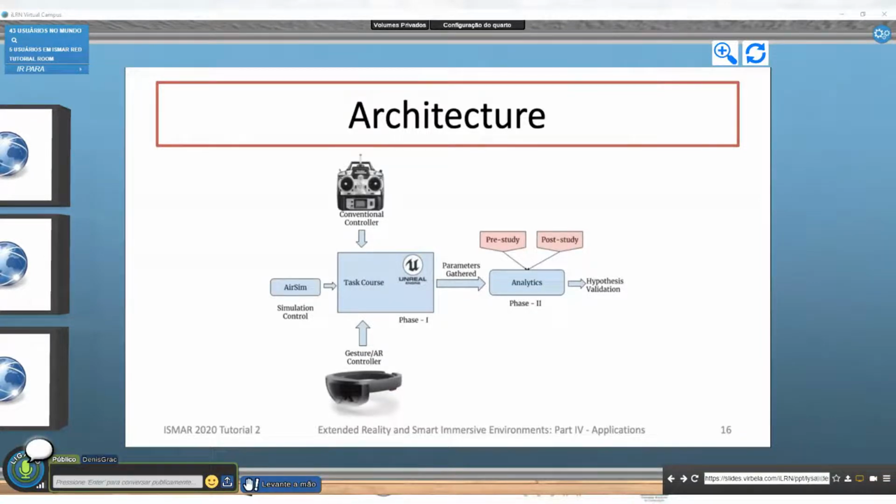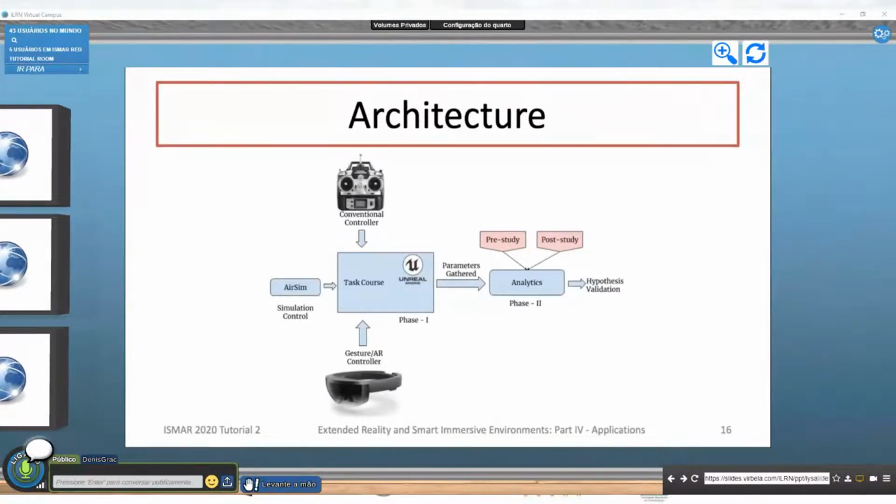And instead of using a conventional controller, we are going to use gesture and display the outcome using a Microsoft HoloLens device. And with that, we can then look at some analysis or comparison between the conventional RC controller and the HoloLens device.